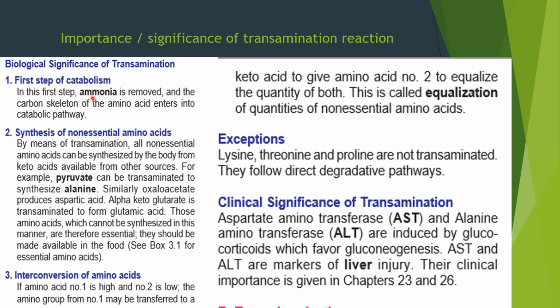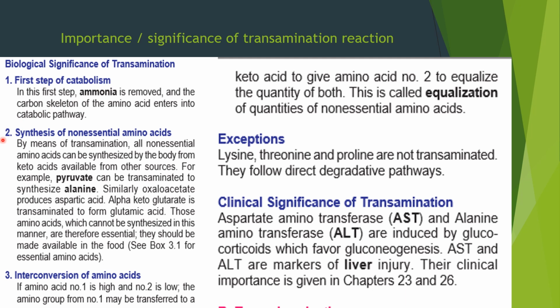During the catabolism or degradation of amino acids, first of all, the amino group from amino acids is removed and the remaining carbon skeleton then undergoes different catabolic pathways. By removing the amino group from the amino acid, ammonia is formed, which leads to the formation of urea through the urea cycle, and then this urea is excreted from the body.